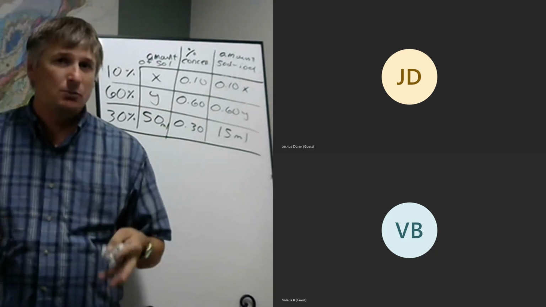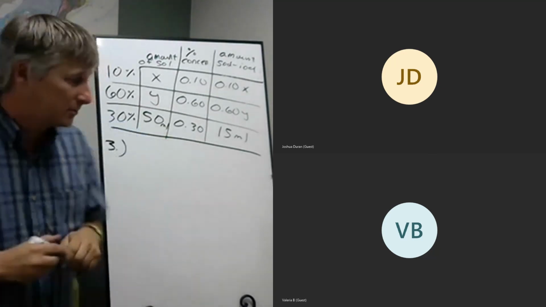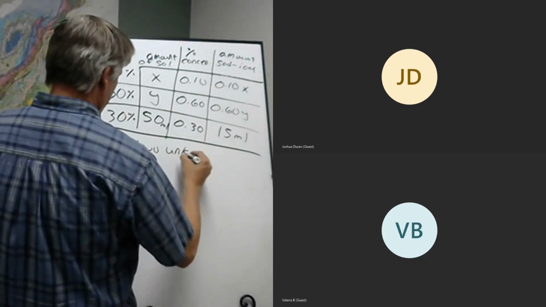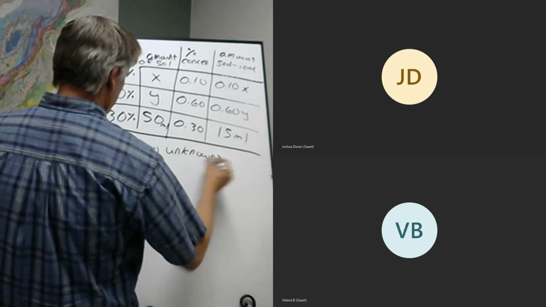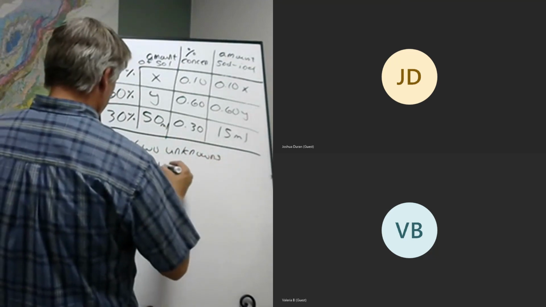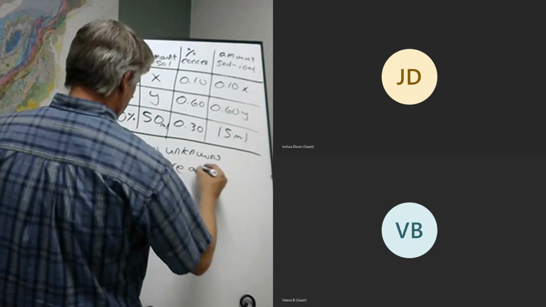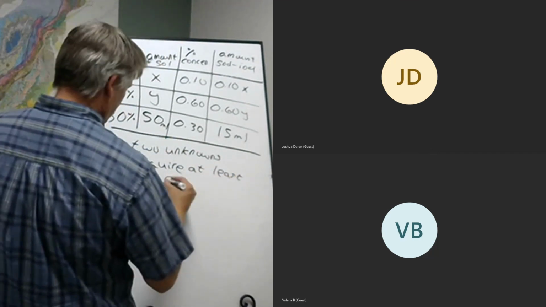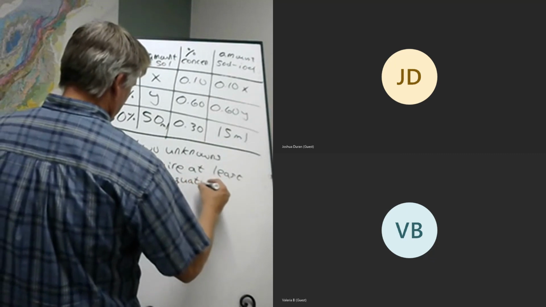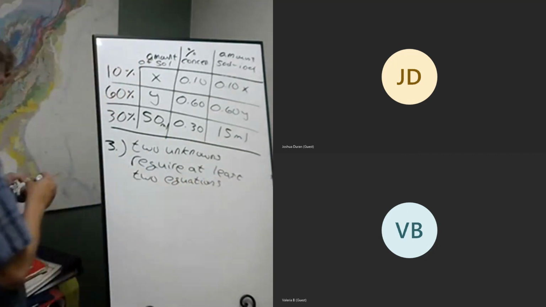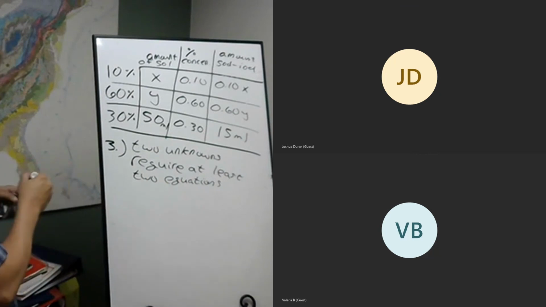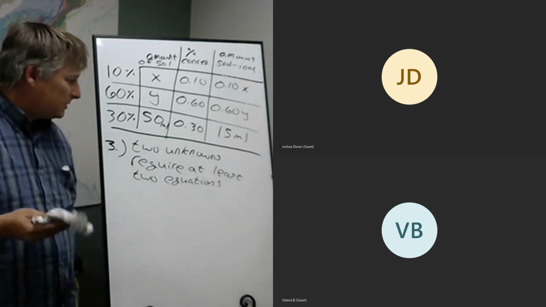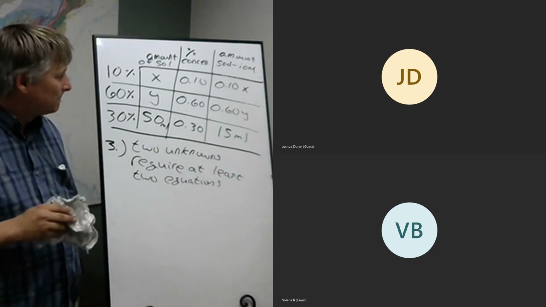Two unknowns means we need at least 2 equations.